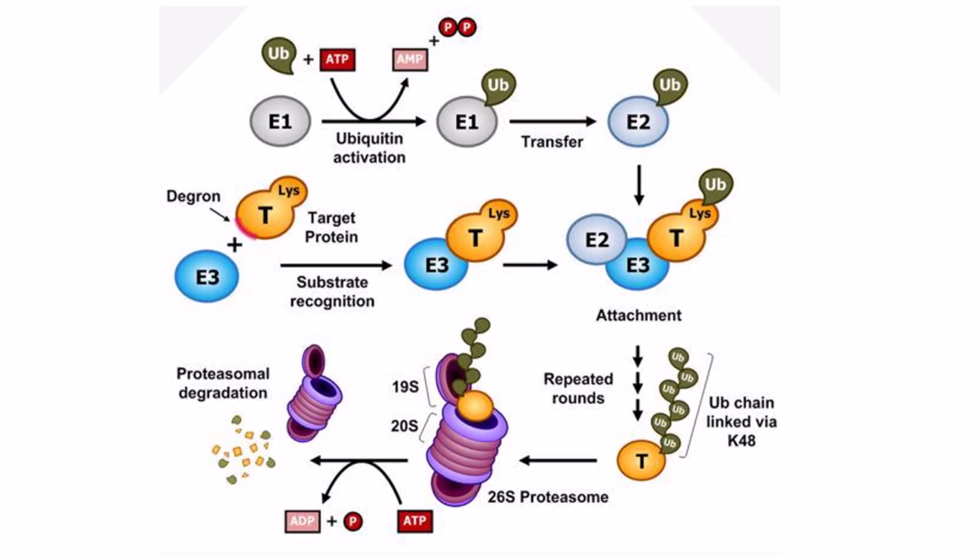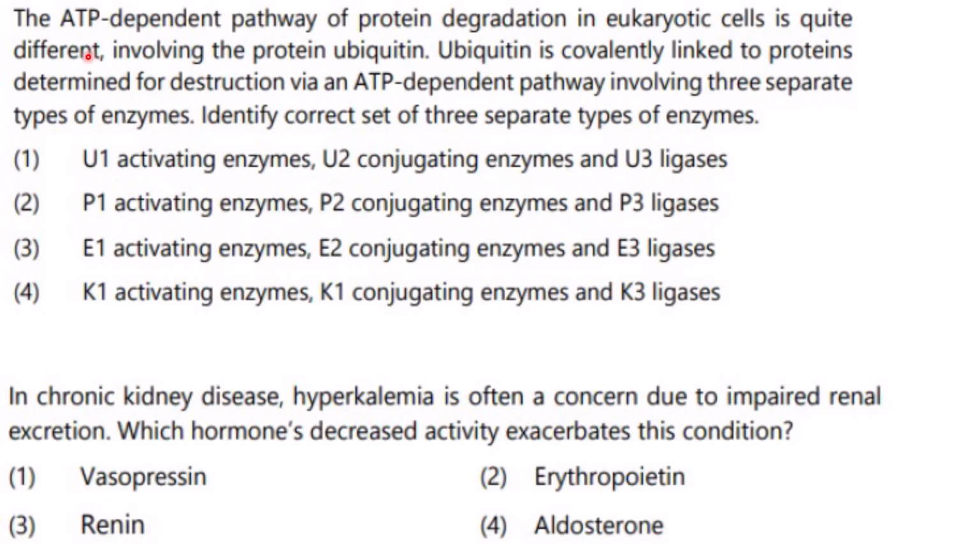Now come to the question. The ATP dependent pathway of protein degradation in eukaryotic cells is quite different, involving the protein ubiquitin. Ubiquitin is covalently linked to protein destined for destruction. Yes, we already saw that, via an ATP dependent pathway involving three separate types of enzymes. Three enzymes were there, E1, E2, E3.